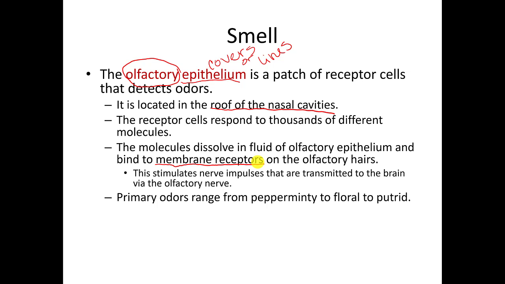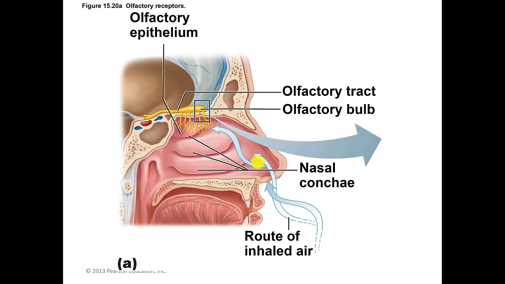And the chemicals that we can smell, like I said, we can smell thousands of different molecules, and the odors range anything from pepperminty and floral to fruity and even into putrid. So we can smell all different kinds of things. Now in this image, this is a great picture. It's a sagittal view of the nasal cavity.